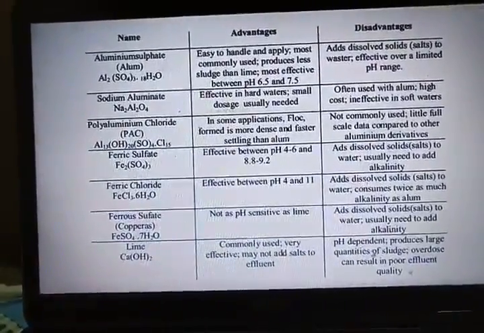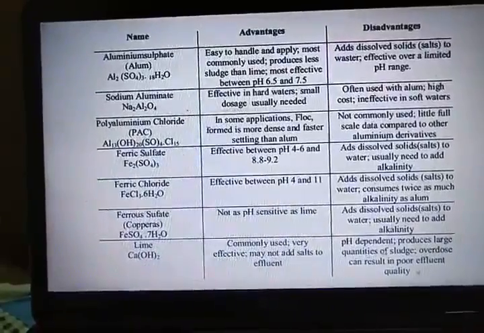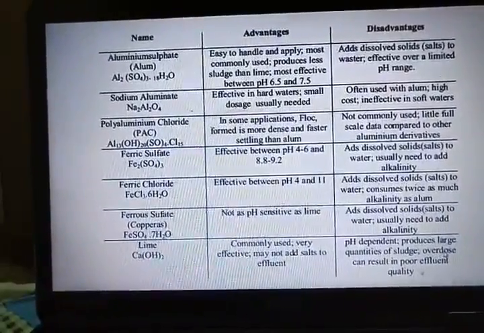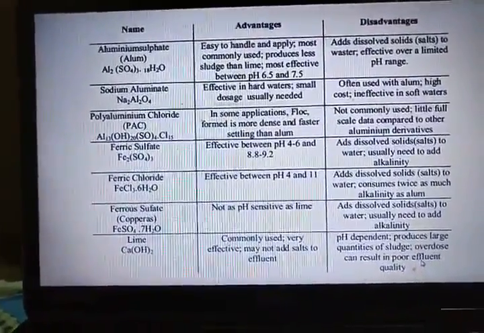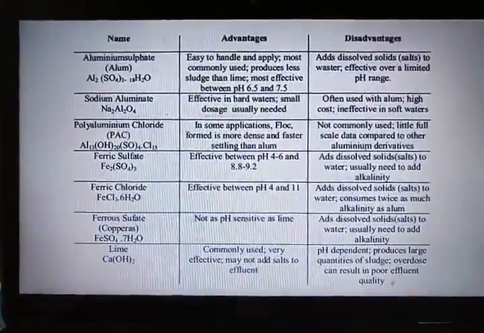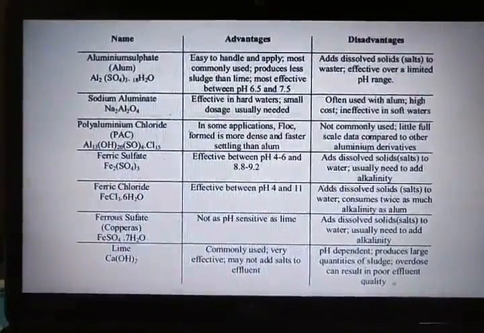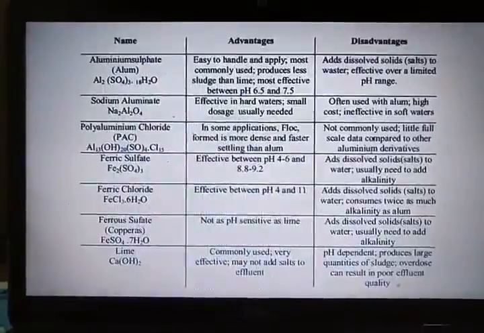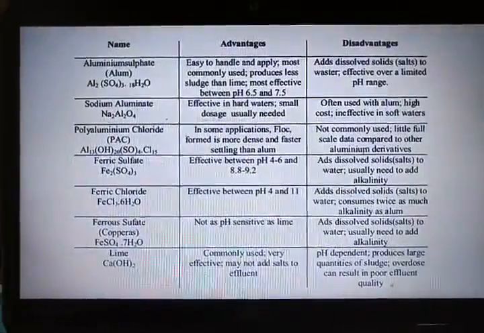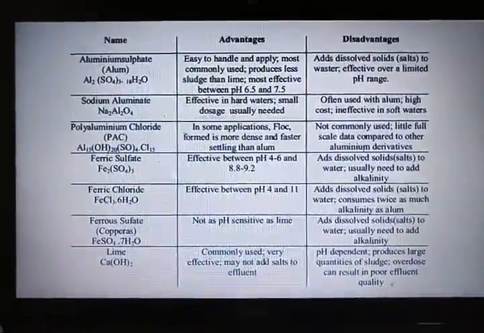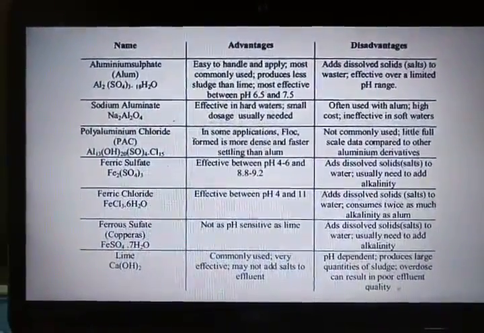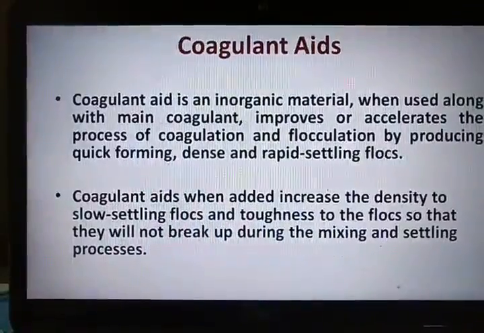The disadvantage is it is pH dependent, it produces large quantities of sludge, and overdose can result in poor effluent quality. So depending upon suitability, the type of impurities and the pH range, it is important to carefully select the required coagulant for effective treatment of water.